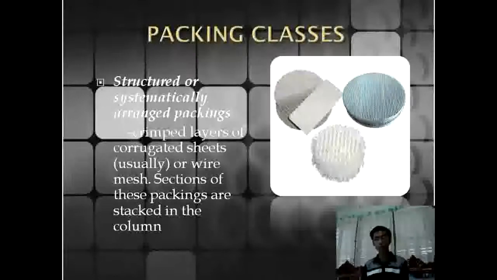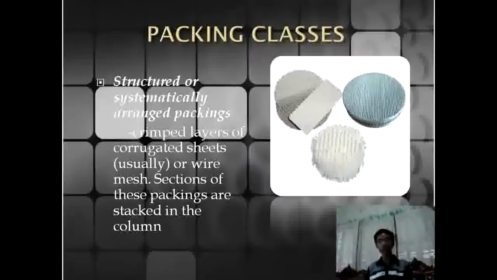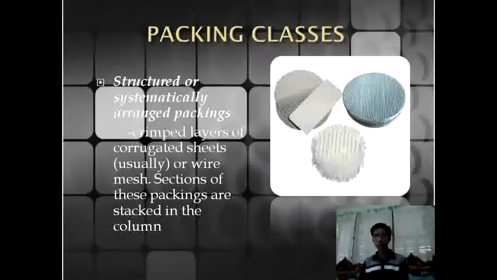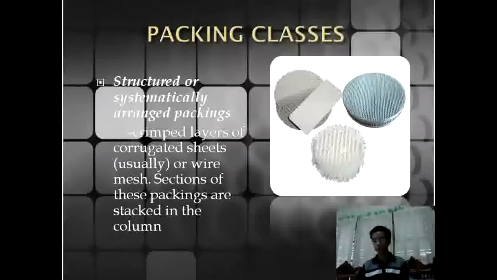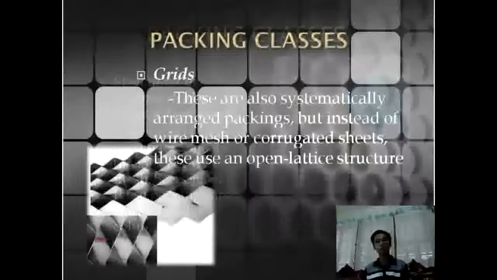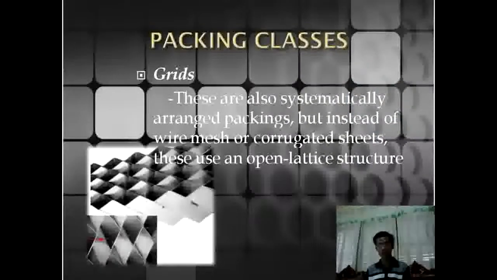The second type of packings are the structured or systematically arranged packings. As you can see from the picture, these are made of layers of corrugated sheets or wire mesh. The last type of packings are the grids.